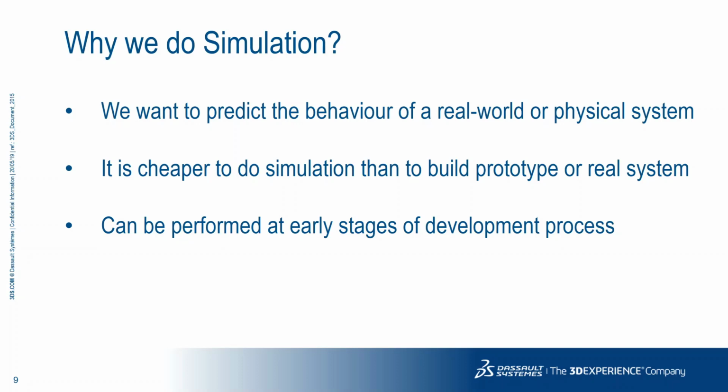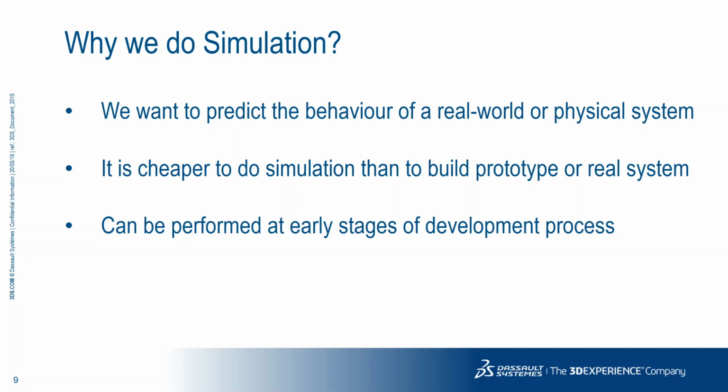And simulation can also be performed at the early stages of a development process. That means we can do simulation way before we have a working prototype. Probably there are more reasons why we do simulation, but I assume that if you're watching this webinar, you already know these benefits, so I will not try to explore that.